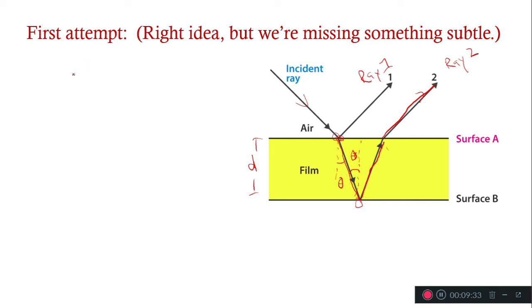What I can see from the trigonometry is that the cosine of this angle theta is equal to d over L, where L is the hypotenuse, the length this travels. And so L, the whole length that this travels on the way down and the way back, is d over cosine theta. So the total extra distance is 2d over cos theta.